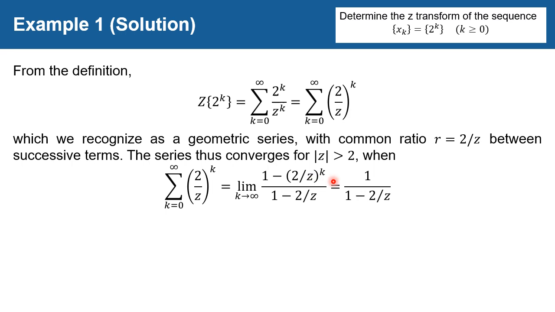So we now have 1 over 1 minus 2 over z, which leads to the z transform of 2 raised to k equal to z over z minus 2, and the absolute value of z is greater than 2.